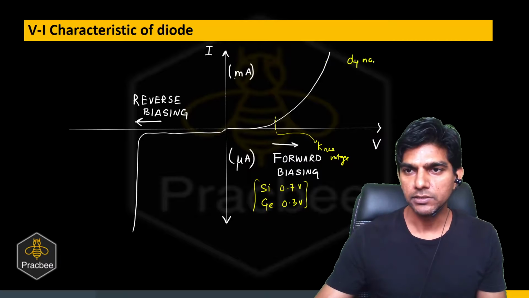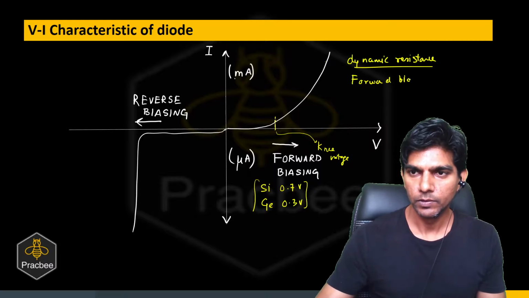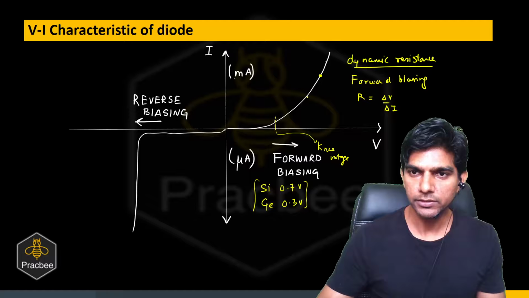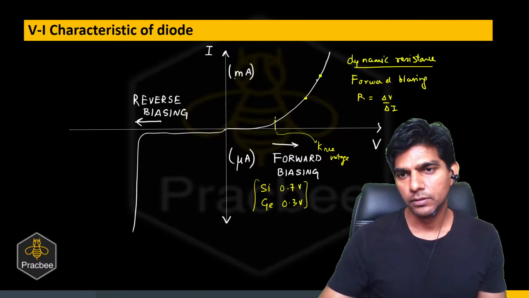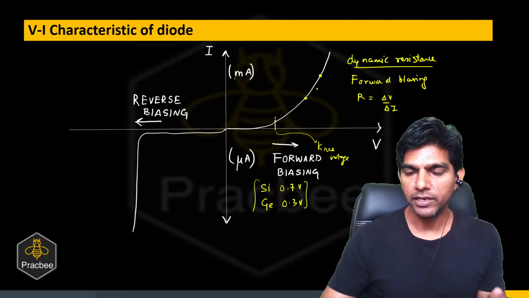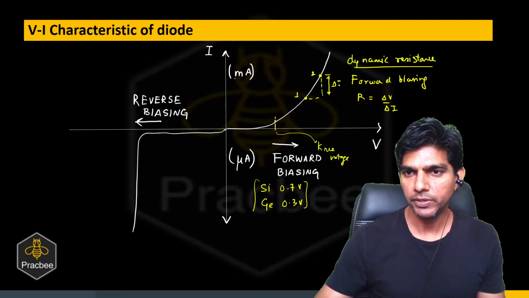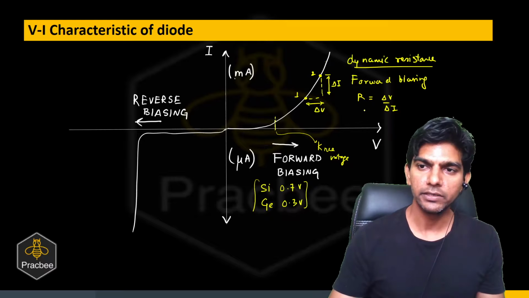Dynamic resistance in forward biasing will be given by delta V upon delta I. Let us say there are 2 points on the graph, and usually we measure dynamic resistance beyond knee voltage. Let us say this is point number 1, this is point number 2. If I measure this value, this will be delta I and this will be delta V.